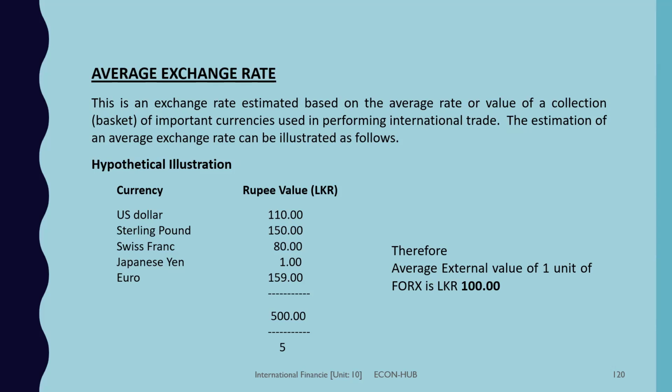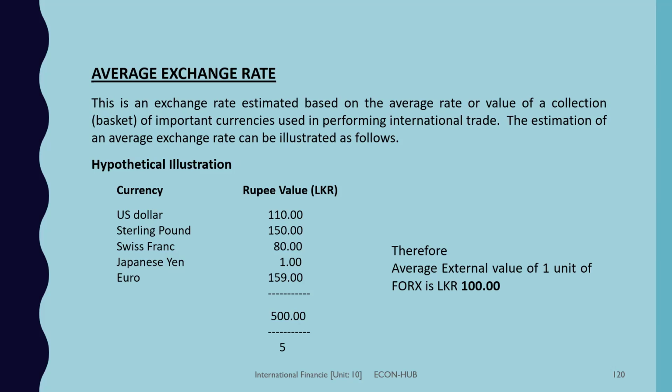For these things, it's important to know how our currency is doing in a holistic way against at least the major currencies that we deal with in international trade. So bilateral exchange rate, while it is a very clear way to measure the exchange rate, doesn't give us that information. It doesn't give us a holistic idea. It's always between two currencies. So we come up with something called the average exchange rate.